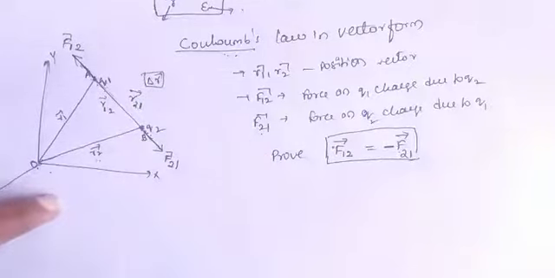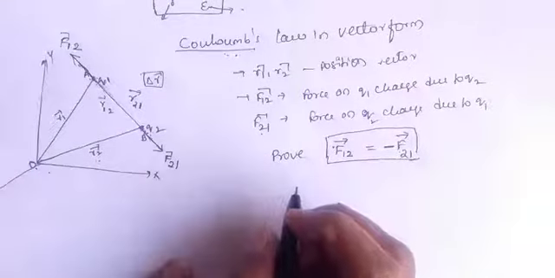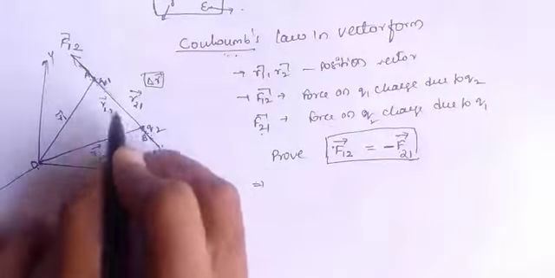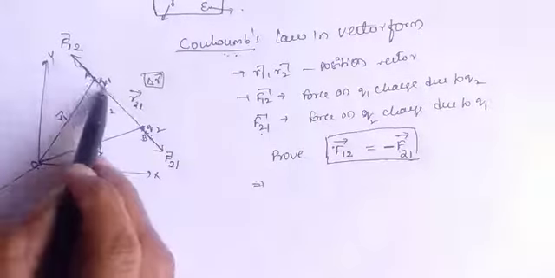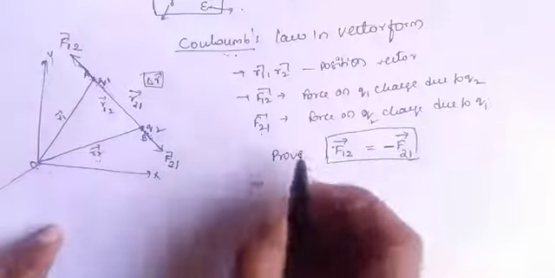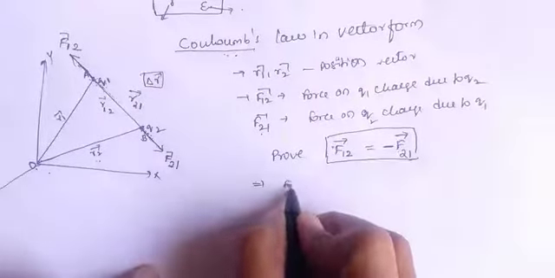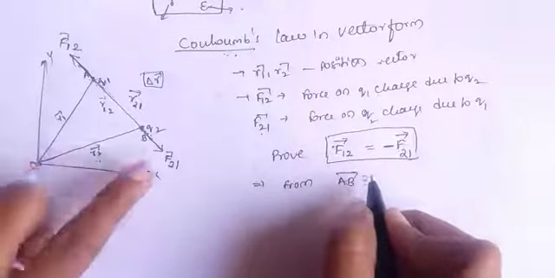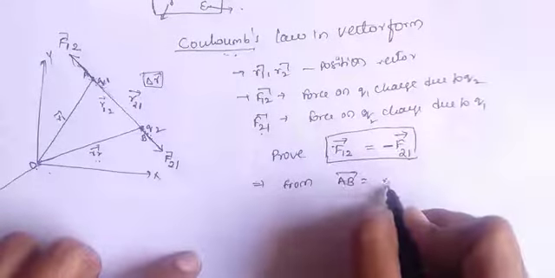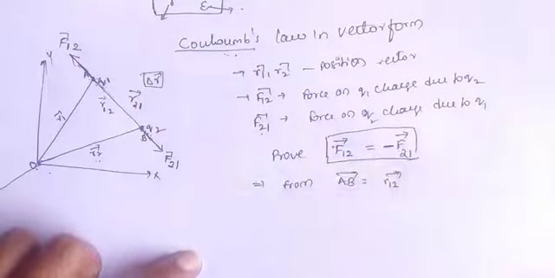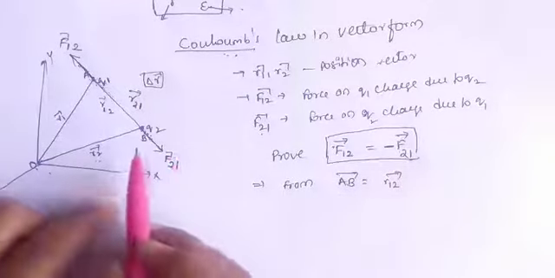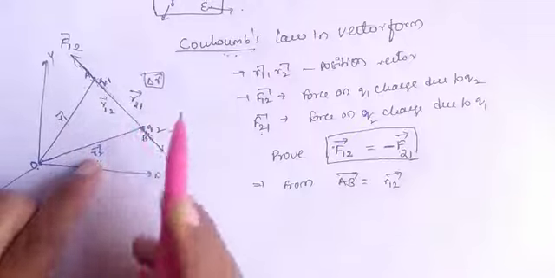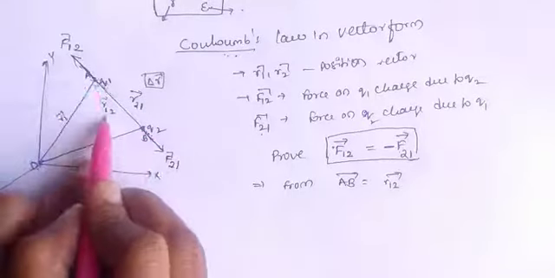Now first we have to take this as point A and this as point B. Let us consider the charge Q1 applies the force on Q2. So that means from A to B, from AB, we have the position vector, what? R12. Here Q1 to Q2 is 1 2.